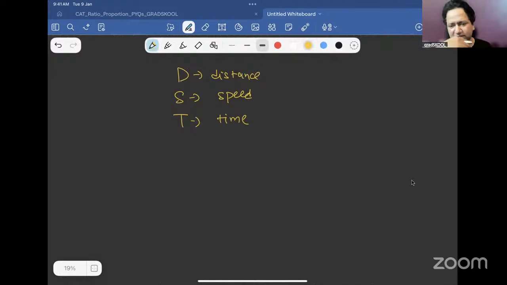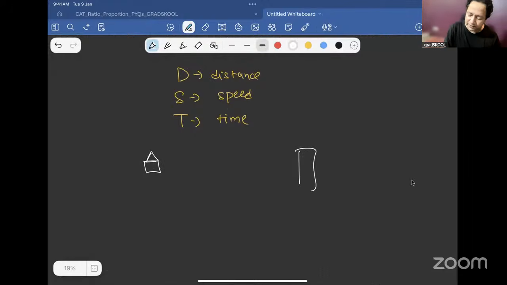And that basic knowledge is what we already have, don't we? Distance we know, speed we know, and time we know. So let's try to make a logical thought process of it. So the logical thought is, I see one thing, that this is my home and this is my office, my home and my office.